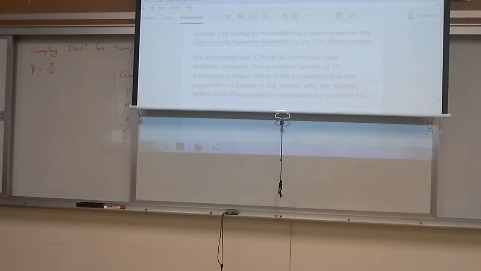Remember, X is the number of successes. This is the proportion, right? It will differ by no more than 1%. But that's actually not the proportion either. It says differ by less than 1%. So differ by no more than 0.01. So it's 0.083.